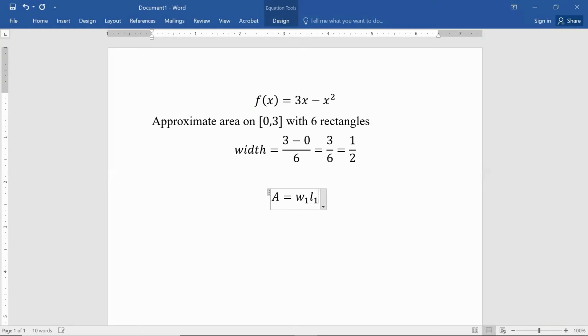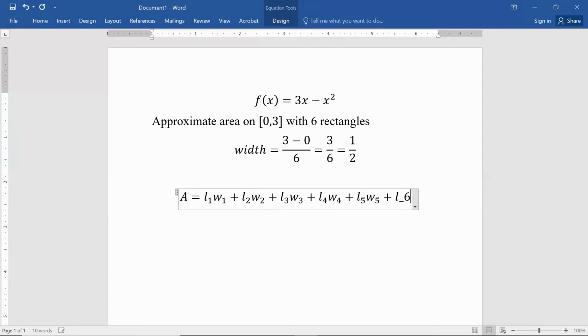Length of rectangle 1 times width of rectangle 1 plus length of rectangle 2 times width of rectangle 2 plus, we need to keep going, length of rectangle 3, width of rectangle 3, length of rectangle 4, width of rectangle 4, plus length of rectangle 5 times the width of rectangle 5, plus the length of rectangle 6 times the width of rectangle 6.